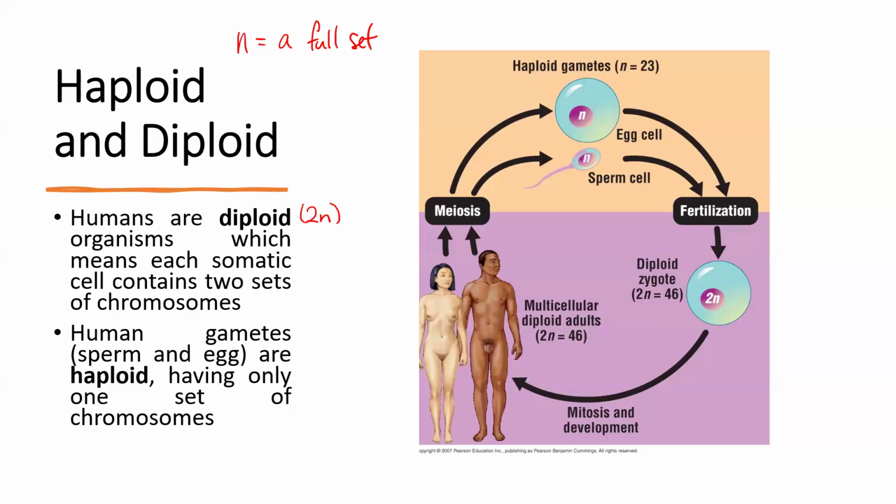And when we produce the sex cells, which are called gametes, they are haploid. It's only one set. So a haploid sperm fertilizes a haploid egg, and in the end, you're going to get the diploid back.